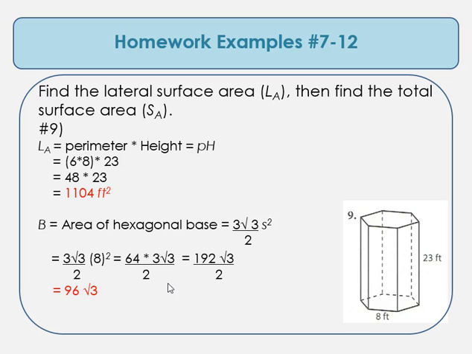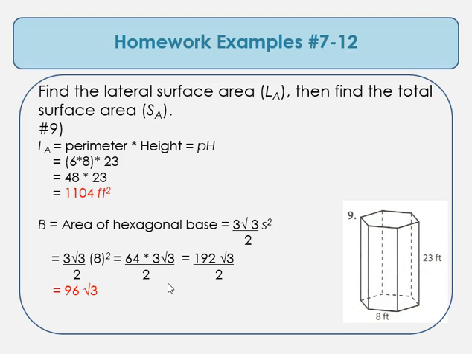You can see the side length is 8. So 3 square root of 3 divided by 2 times 8 squared. 8 squared is 64 times 3 square root of 3 divided by 2. And 64 times 3 is 192, square root of 3 divided by 2, which is 96 square root of 3. So your base is 96 square root of 3. Leave it in that form.